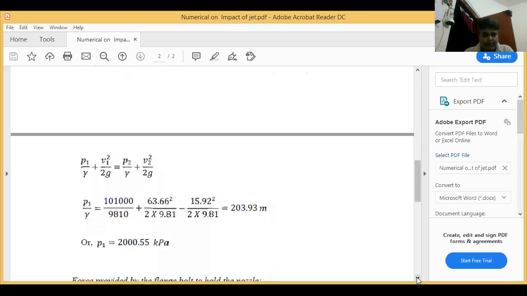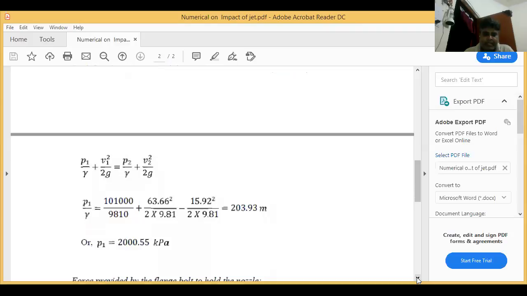That is, P1 upon gamma is equal to 101,000 upon 9,810 plus 63.66 square upon 2 into 9.81 minus 15.92 square upon 2 into 9.81, which is equal to 203.93 meter.